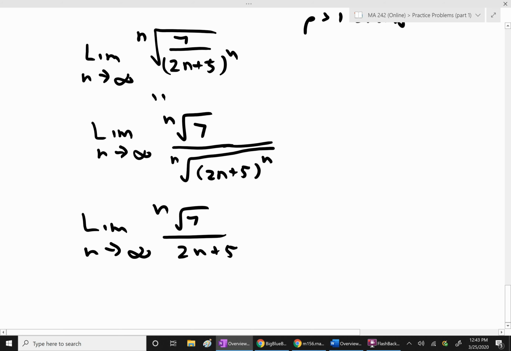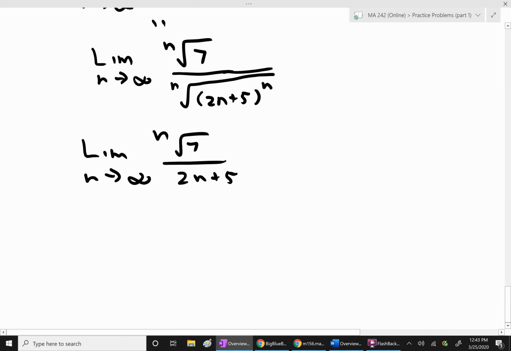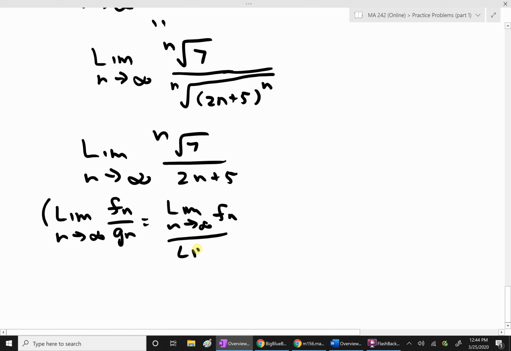And remember our other limit rule. If we have a limit of a ratio, and the limit of each of the numerator and denominator exists, I can just replace it by the limits of the numerator and denominator. So the limit as n goes to infinity of f of n over g of n is equal to the limit of f of n over the limit of g of n, provided that both limits exist and the bottom limit's not 0.